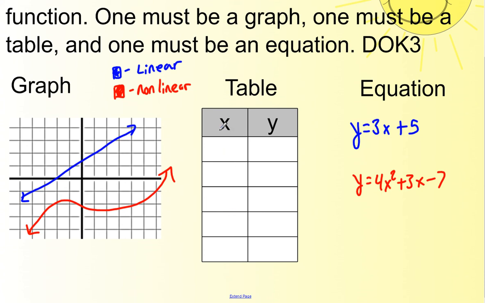To do this table, I'm going to make x, y, and bad x, bad y, because I'm showing both, so I need an extra little table here. So this side will be linear, this side will be nonlinear. Now, the good news about nonlinear, if you just make up a couple random points, the chances of the slope being the same is very low.